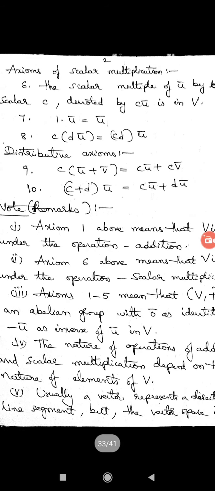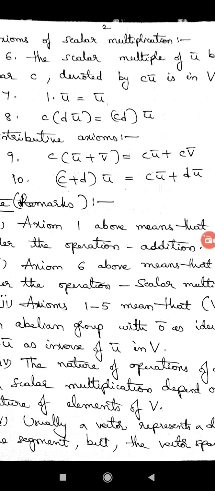And the last subtitle is distributive axioms, and this constitutes 2 properties, namely distributive laws. And what are those distributive laws? Let us see. In the 9th property, it is said that c times u bar plus v bar is equal to cu bar plus cv bar.